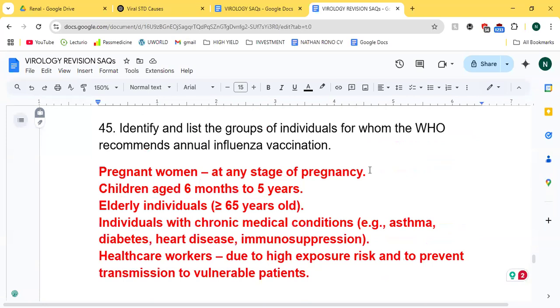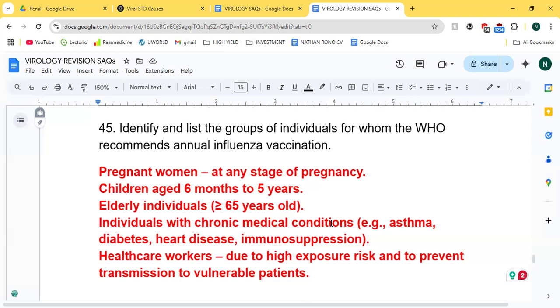Pregnant women at any stage of the pregnancy, children aged 6 months to 5 years, elderly greater than 65, individuals with chronic medical conditions, asthmatics. Remember, influenza is a respiratory disease. Diabetics, people with heart diseases, like heart failure, and immunosuppression.